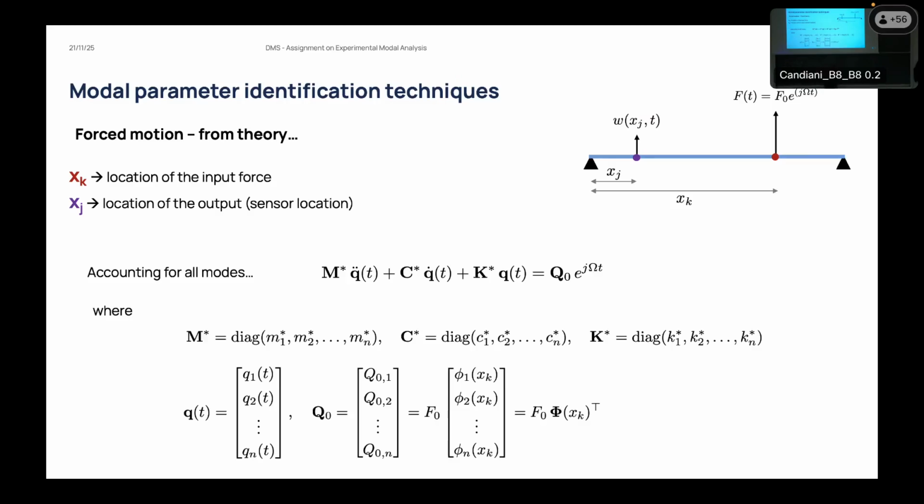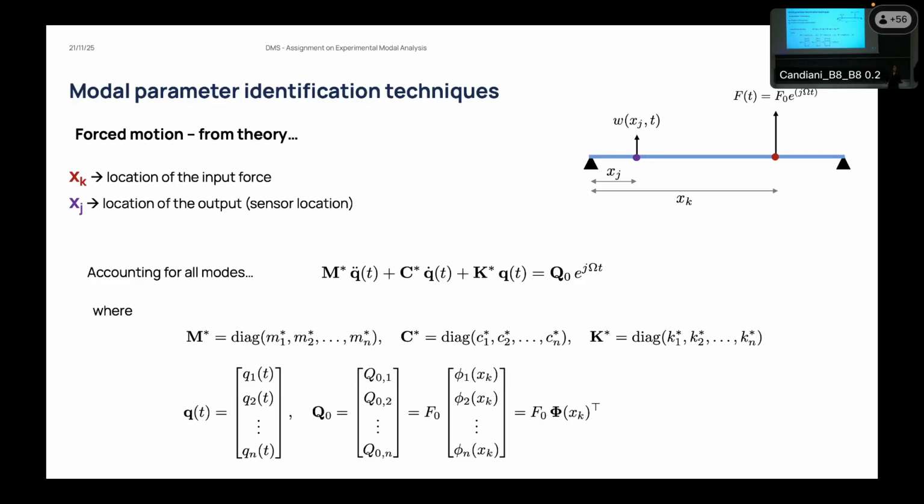If we wanted to write this in a matrix form, what we should write is M star times q double dot plus C star times q dot plus K star times q equal to the vector of Q0 times e to the i capital omega t, where we are simply putting together all the equations of motion, and we already know that the M, C, and K matrices under certain hypotheses can be diagonal.